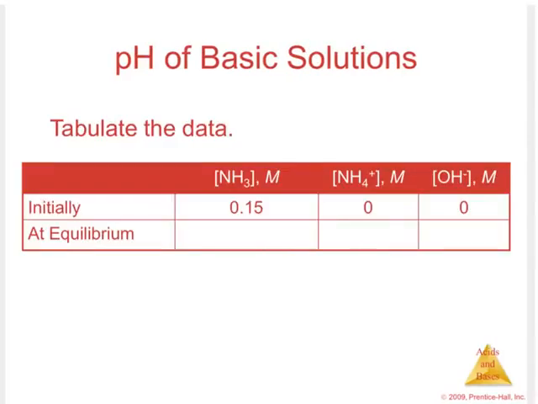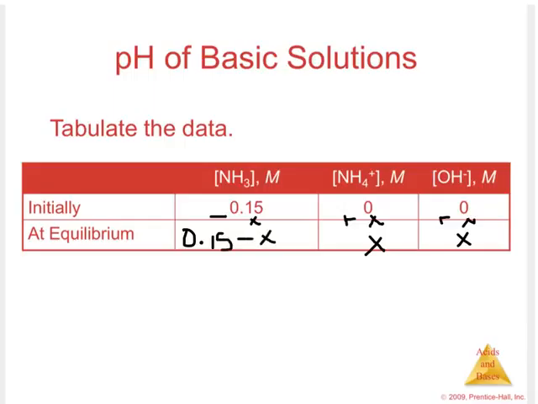So if we're starting with 0.15 molar solution, we know that that's going to decrease by some amount. We'll call it X. And the ammonium is going to increase by some amount, as is the hydroxide ion concentration. So at equilibrium, we'll have a value for X, X, and 0.15 minus X.